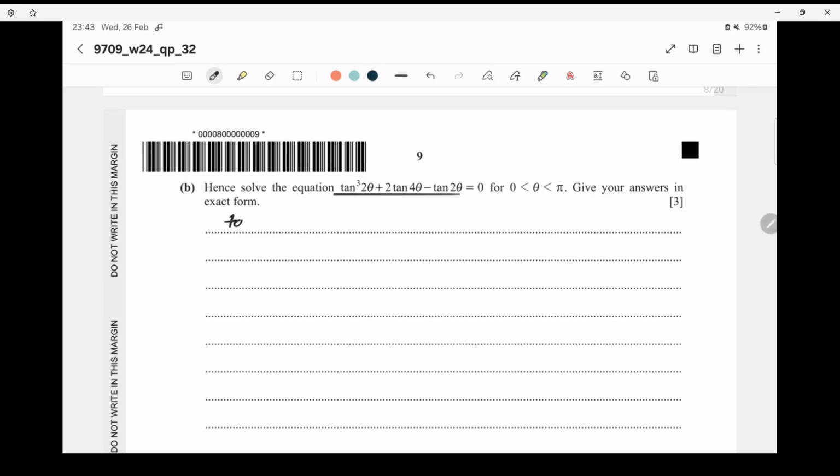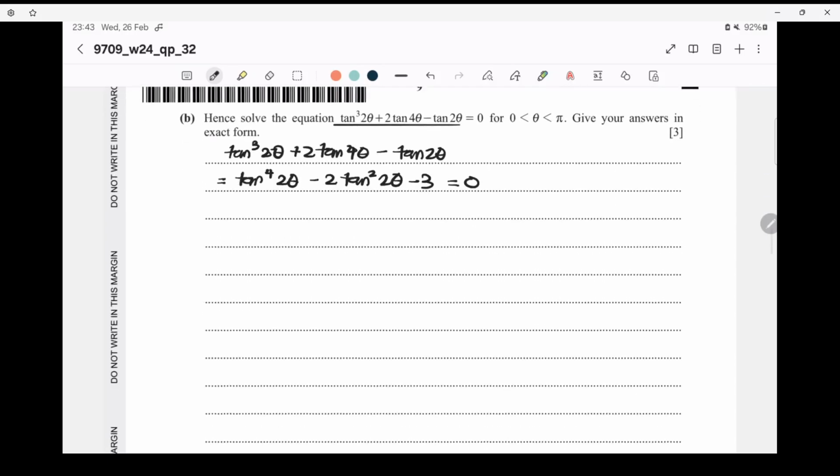So tan^3 2 theta plus 2 tan 4 theta minus tan 2 theta is equal to tan^4 2 theta minus 2 tan^2 2 theta minus 3, and this is equal to 0. So you can directly do the factorization.